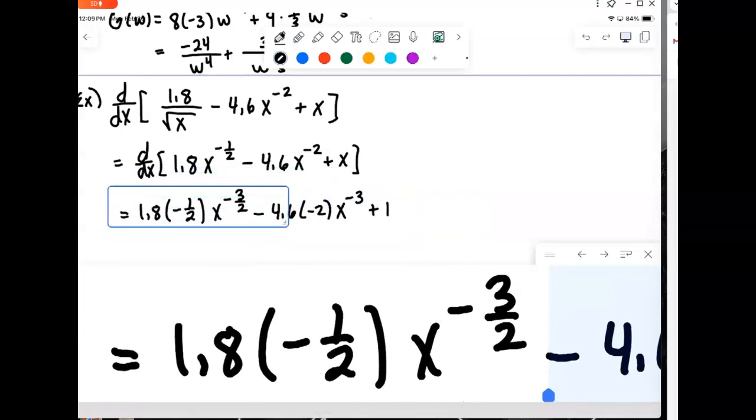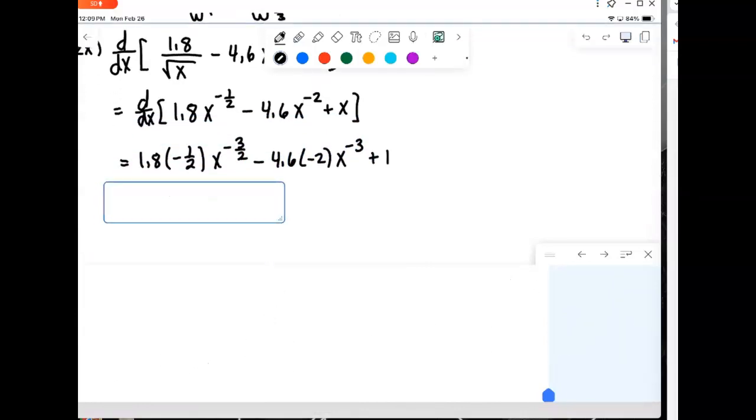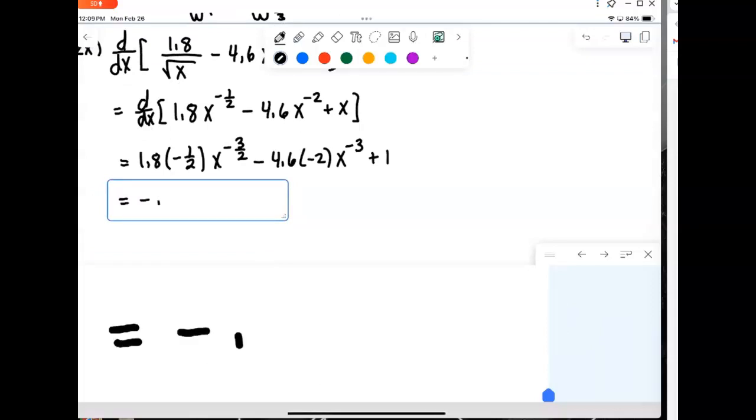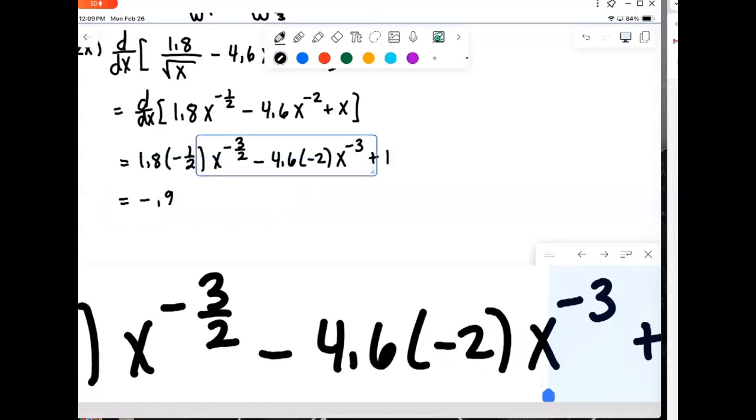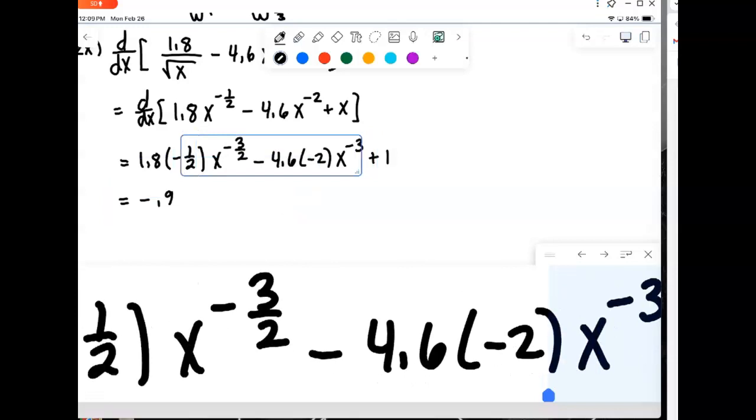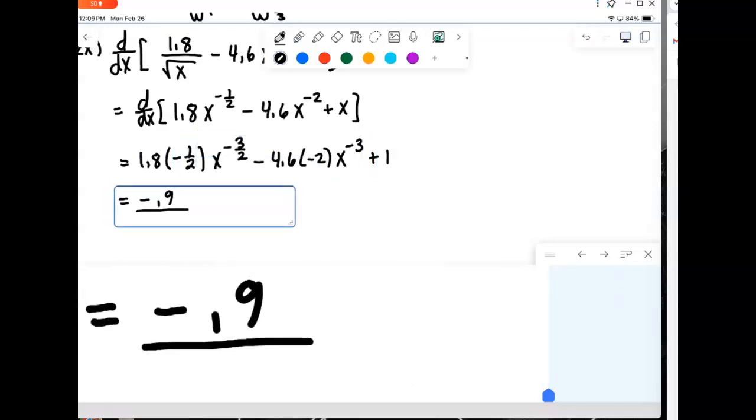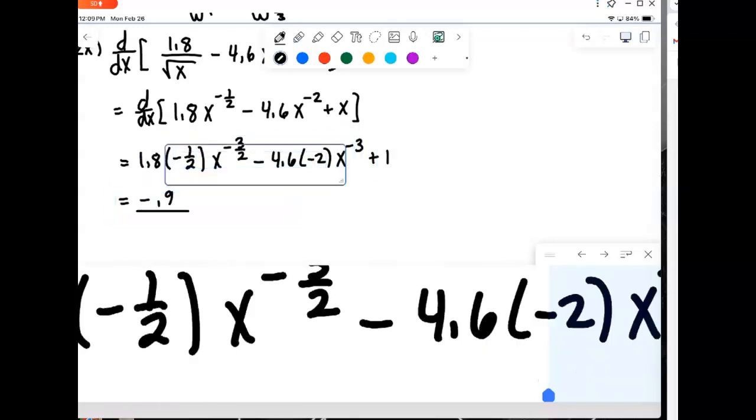Right, and then we just keep going. A little bit of cleaning here. This is going to be negative 1/2 times 1.8. That'll be negative 0.9. And then I'm going to take that x to the negative 3/2. I'm going to slide that down into the denominator because it has a negative exponent.